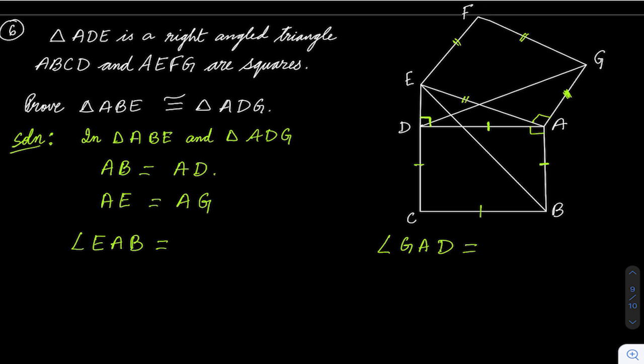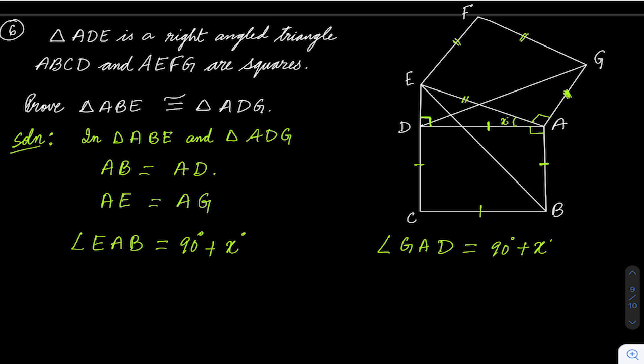So they must be equal. Let's see. Angle EAB is nothing but 90 degrees plus, let's call this small angle X, plus X degrees. What is angle GAD? GAD is also, you can see, 90 degrees plus X degrees. So these two angles are also equal.